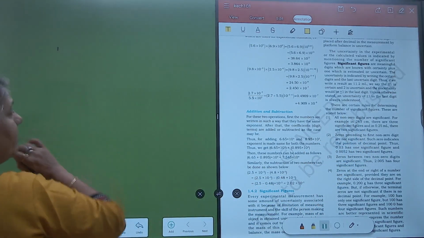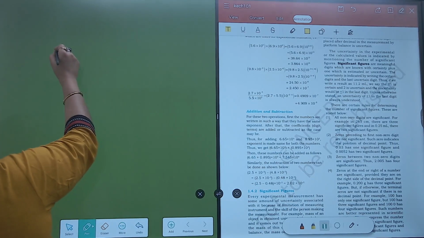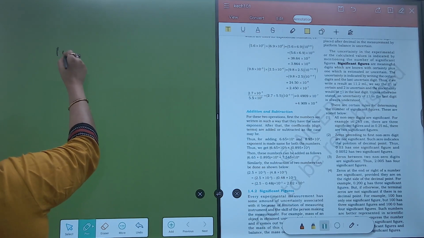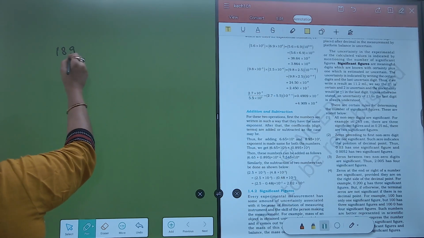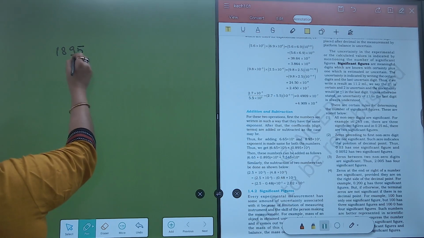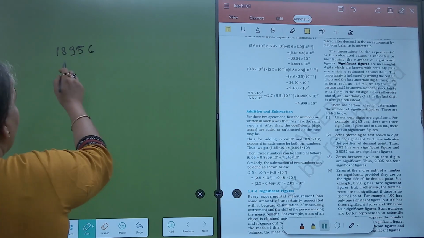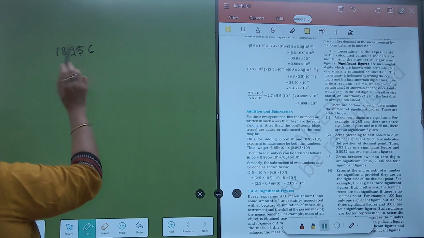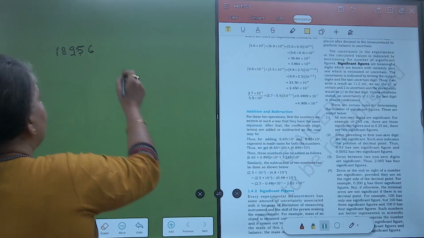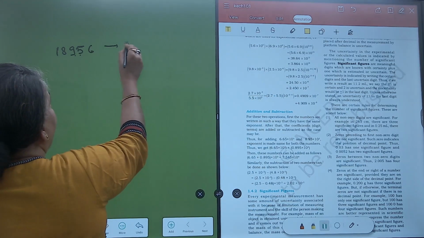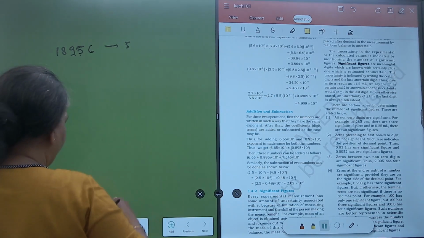We can take another example, 18956. Now 1, 2, 3, 4, 5. There are 5 digits, so there are 5 significant figures.